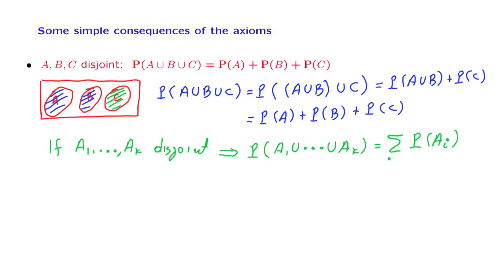So this is the generalization to the case where we're dealing with the union of finitely many disjoint events.